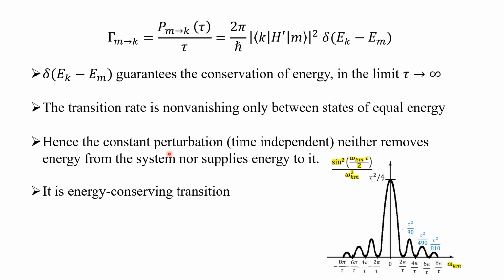Hence, the constant perturbation, that is time independent perturbation, neither removes energy from the system nor supplies energy to it. It is an energy conserving transition.